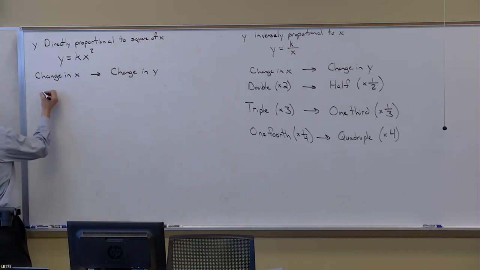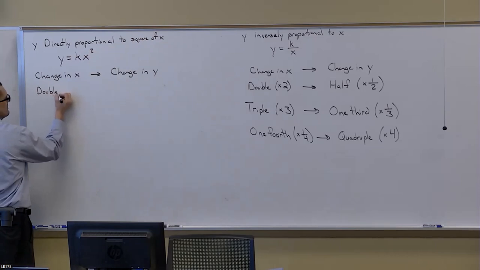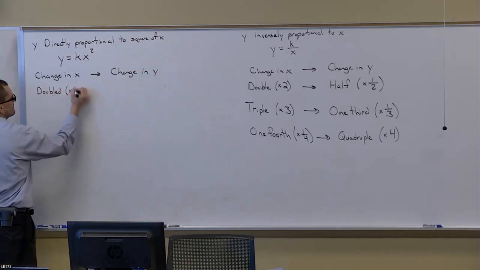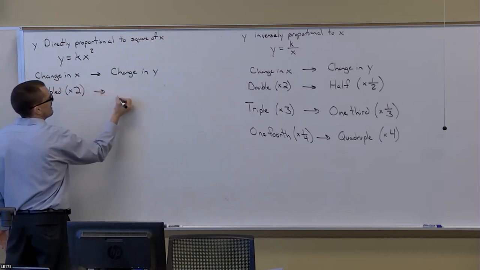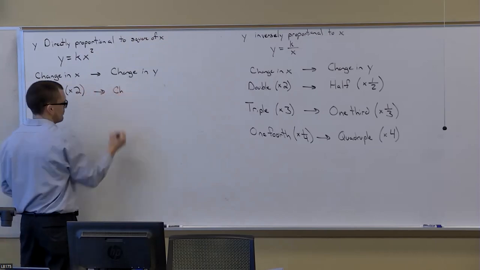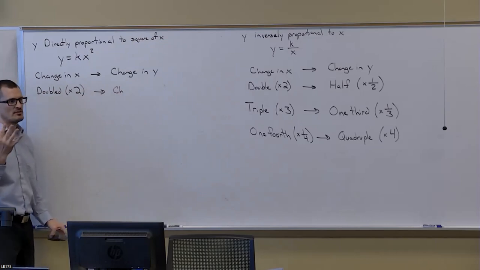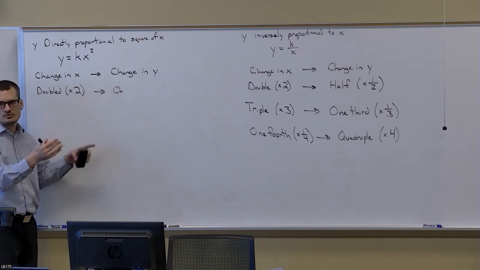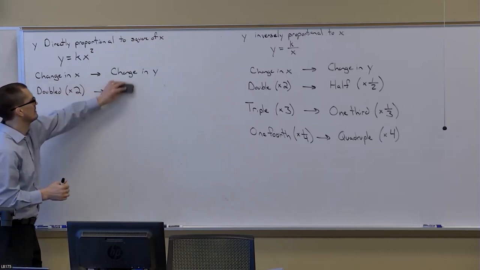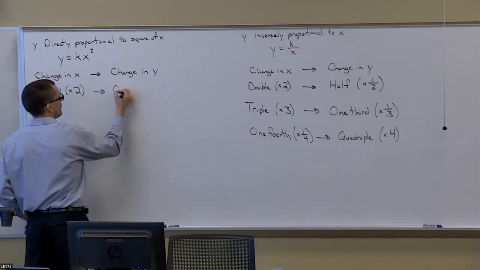If the change in x is doubled, then the change in y is times 4, right? Because 2 squared is 4. So that's quadruple.